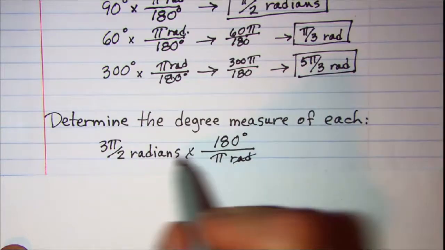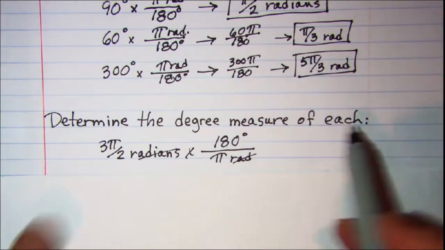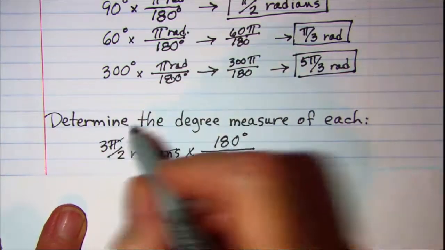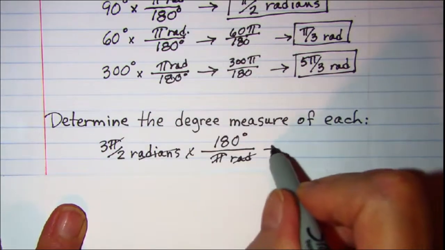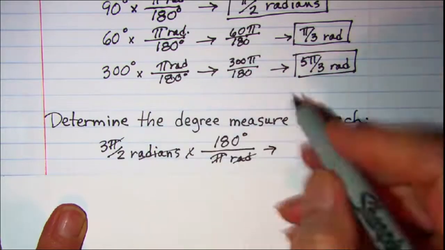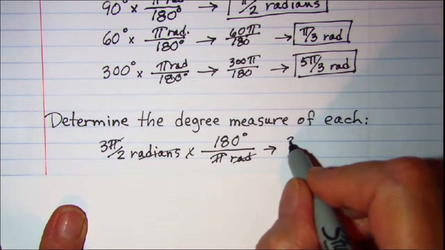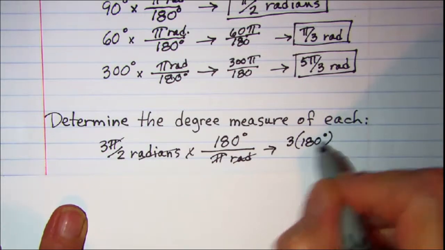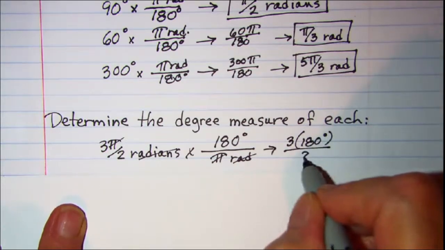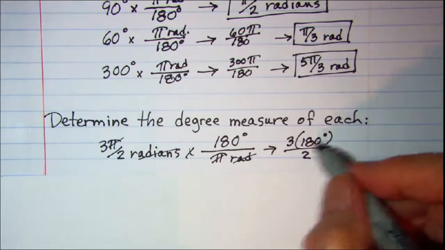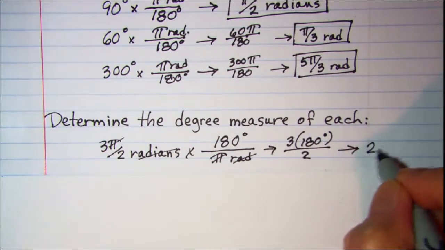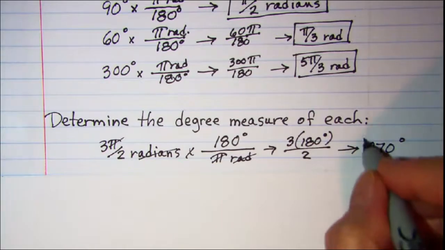The radians cancel off, and the pi's also cancel off, and we have 3 times 180 degrees divided by 2. So this is 270 degrees.